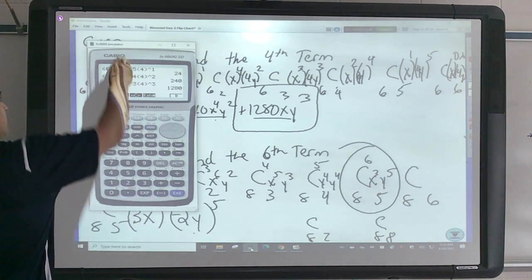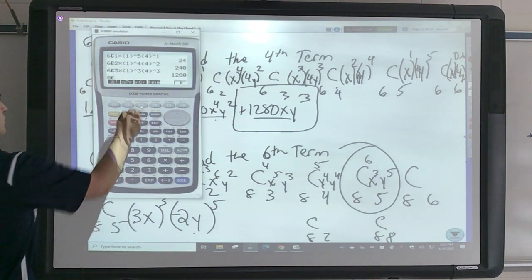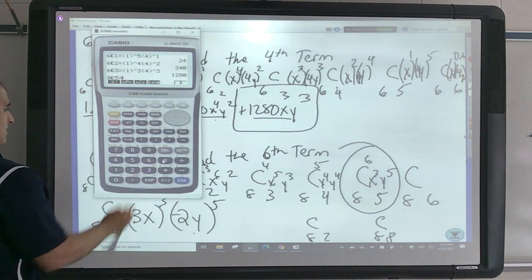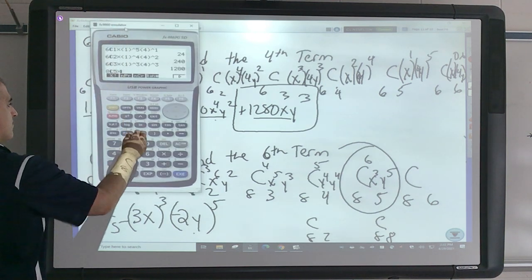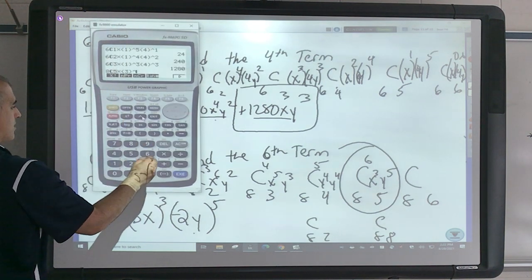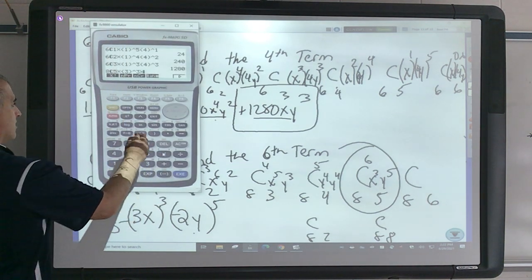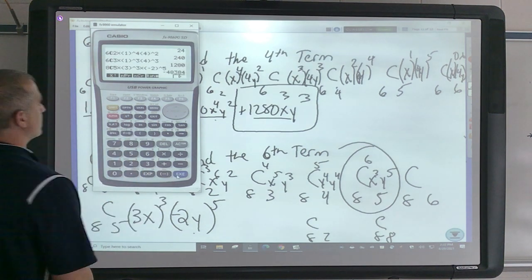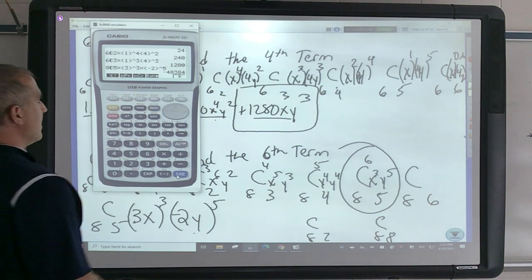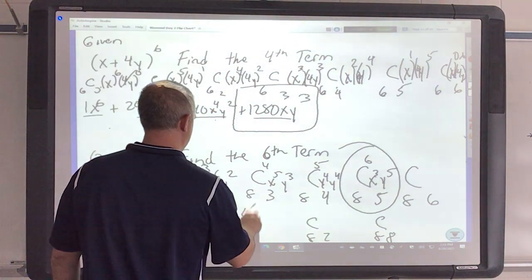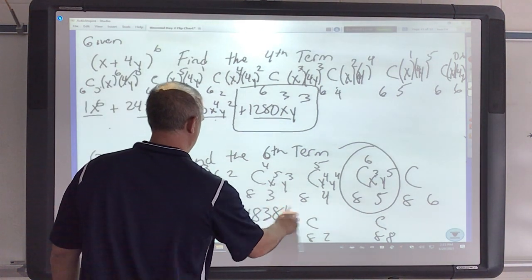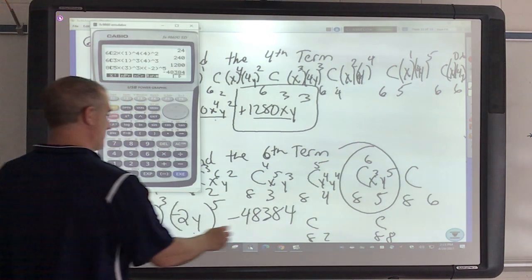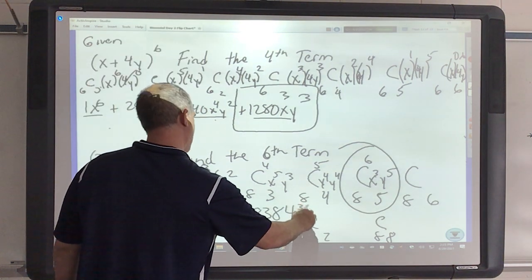So if I type all that stuff in, 8 choose 5 times 3 to the 3rd times negative 2 to the 5th, I got negative 48384 x cubed y5.